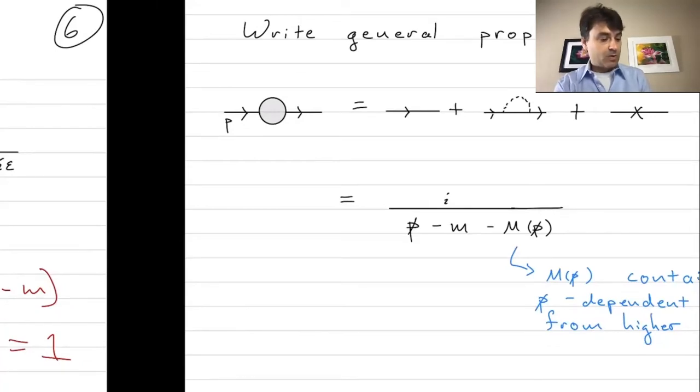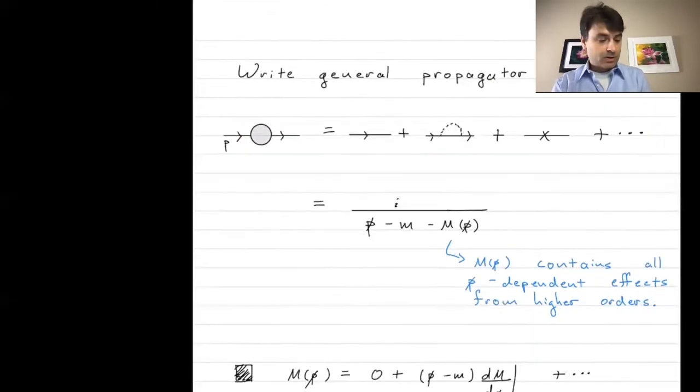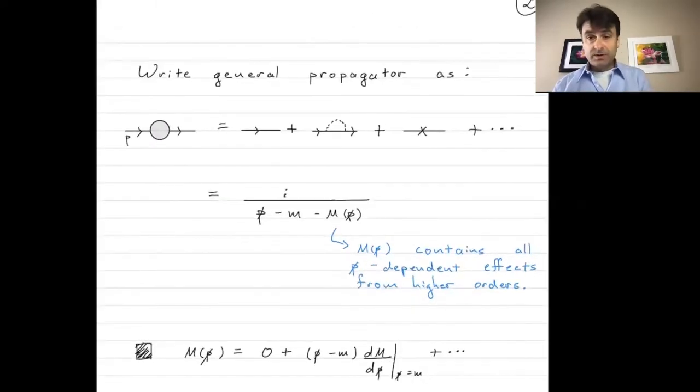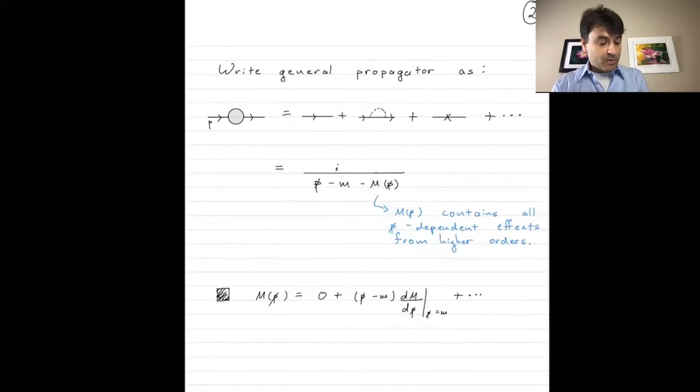So I'm putting arrows on these lines to indicate that now we have a propagator for a fermion going along, and I'm putting dots for the loop because it's a scalar now that's interacting with the fermion.